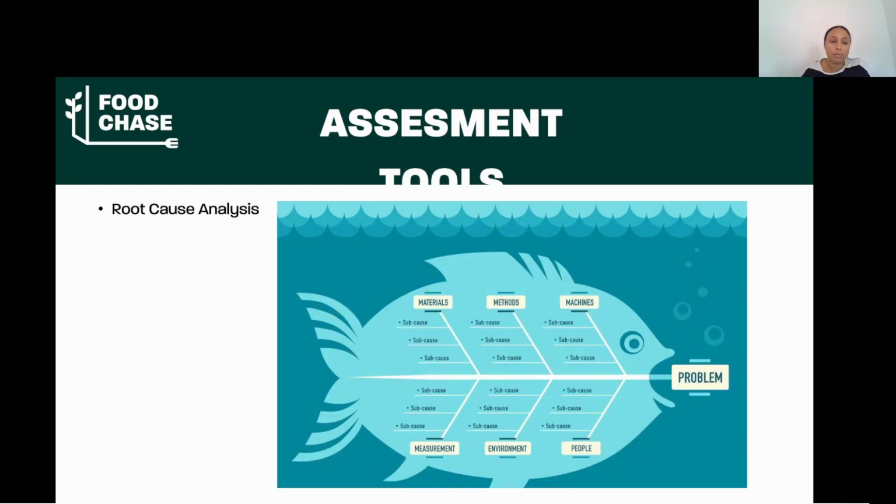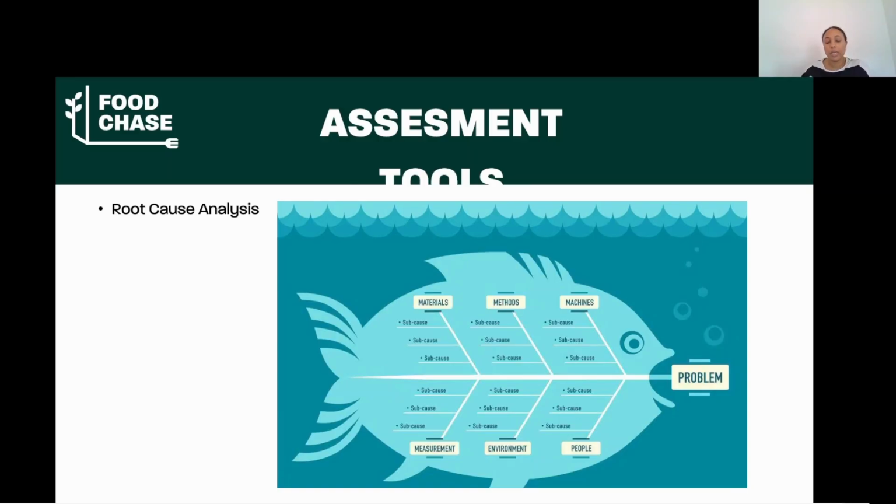The other one is a root cause analysis. This is mostly about going deeper than the surface problem. When something goes wrong, for example, food waste spikes, a delivery fails, a hygiene breach, root cause analysis helps us understand why. It helps us ask the question why, and we need to keep asking why until we reach the underlying cause.